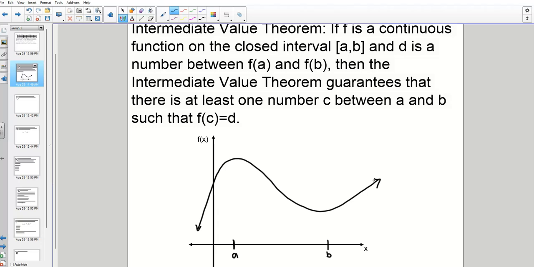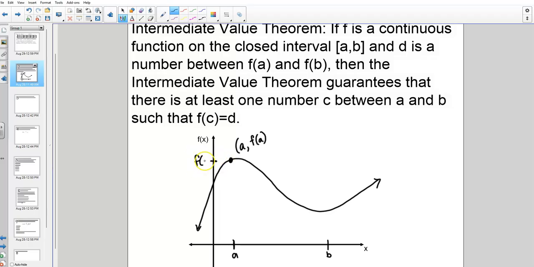Okay, so there are some key points that we need to know here. So we've got a and b right here. If I go up here, the x-coordinate of that point would be a. And then the y-coordinate of that point would be f of a. So I'm going to mark that on my y-axis.